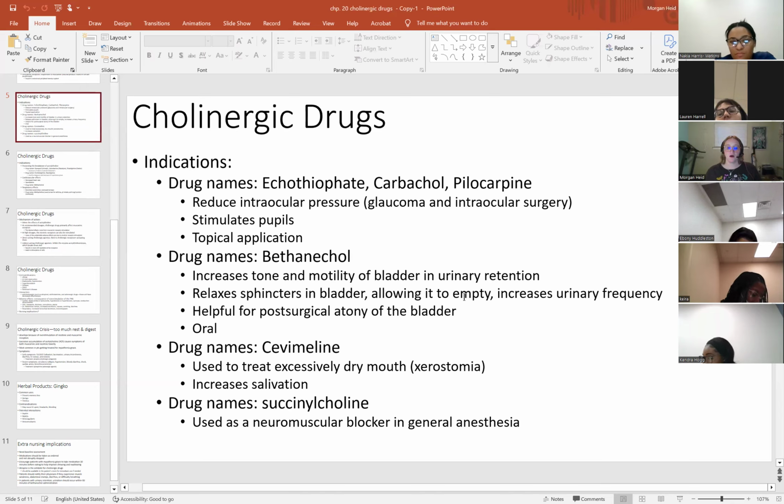The next medication is called bethanechol. I think that's how you say that. Basically this one is going to treat bladder issues. The parasympathetic nervous system opens the internal sphincter so that urine can come out, and it constricts the bladder walls to squeeze the urine out. So it opens up the urethra and squeezes the bladder wall.